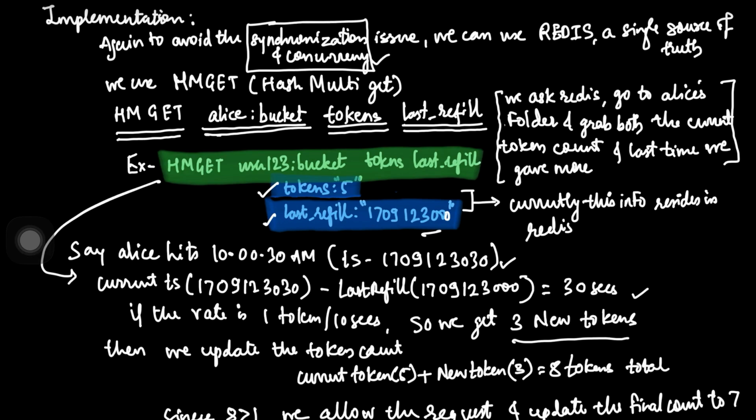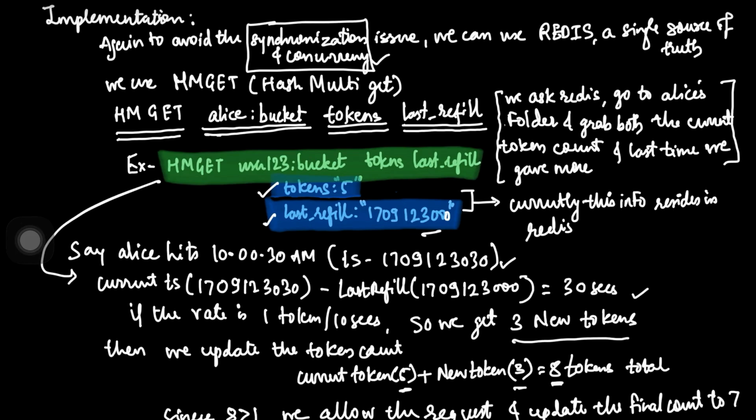Earlier, Alice already had 5 tokens in her bucket, and the new token count came out to be 3 by our calculations, making the whole thing 8 tokens. Now it is very easy for the token bucket algorithm to know whether we can pass the request or not, because 8 is obviously greater than 1.